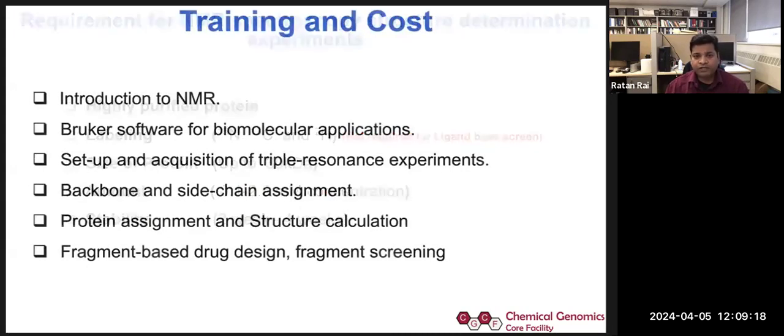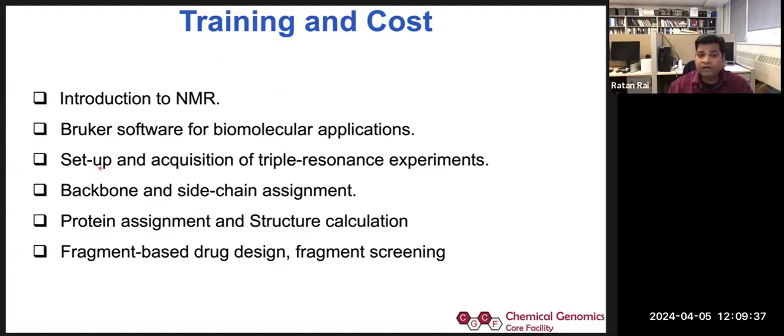If you have any student who wants to learn about NMR, then our core facility can help train your students or graduate students, in which I'm going to teach an introduction to NMR. I will teach them how to use Bruker software for biomolecular applications.